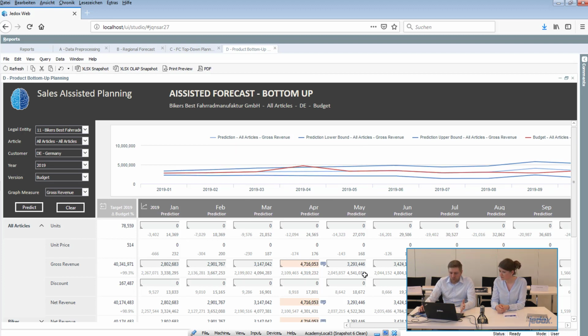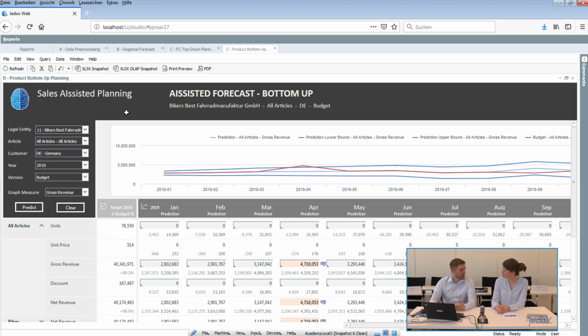So we can adapt now to be more accurate, or if he put more money here, we can also adapt to that. But it should be in the range of the forecast. So we should not go over these lines, only if we know, like in this April case, that something special happens there.